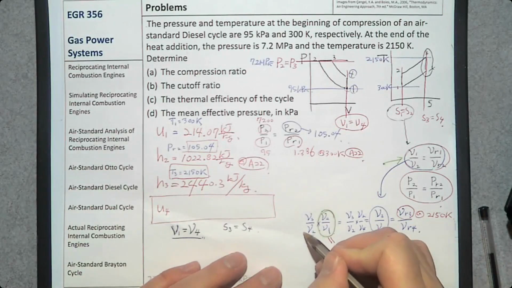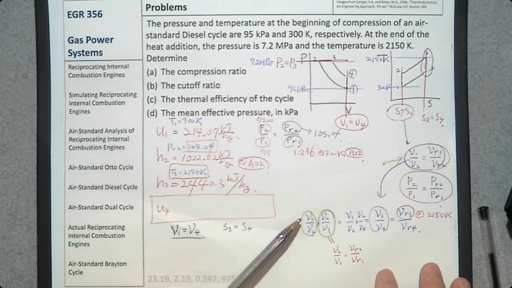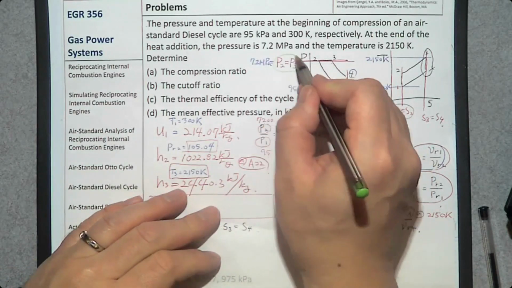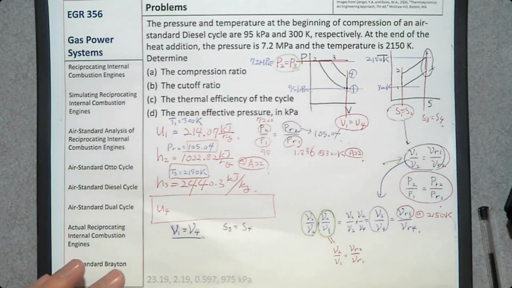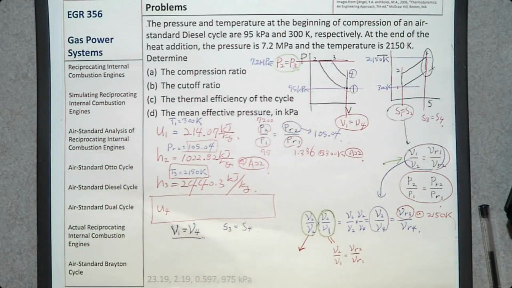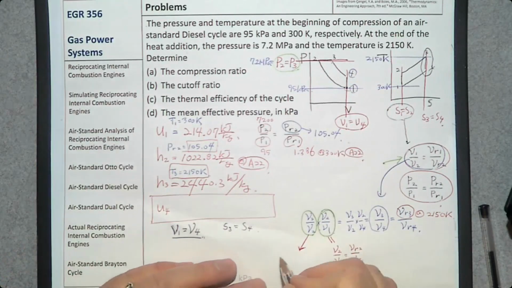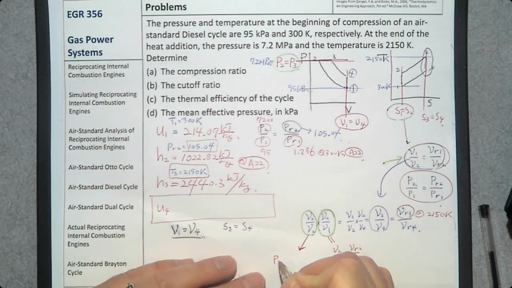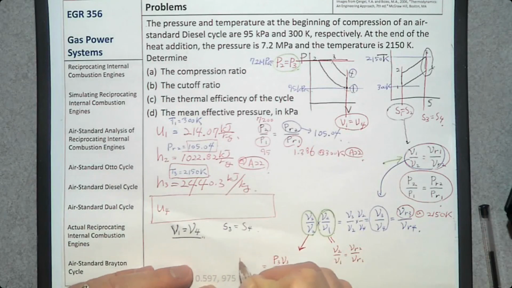What about V3 over V2? What is the relation between V3 and V2? It is a constant pressure process. If you have a constant pressure process, you may remember this equation. Since this is an ideal gas, we are assuming air as an ideal gas, we can use this equation: P3 V3 over T3 is equal to P2 V2 over T2.